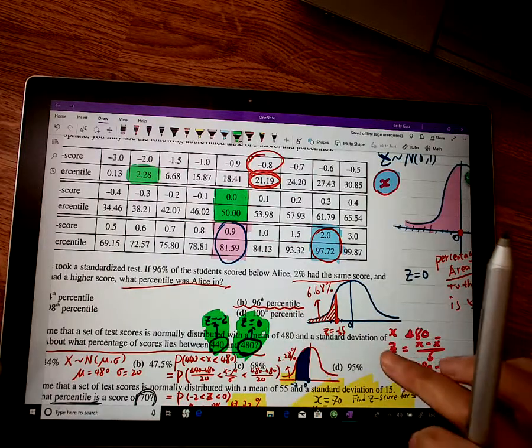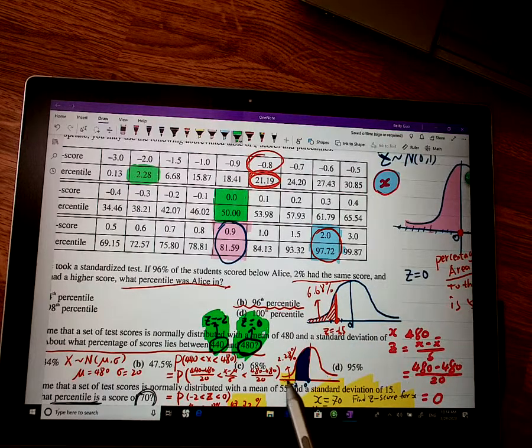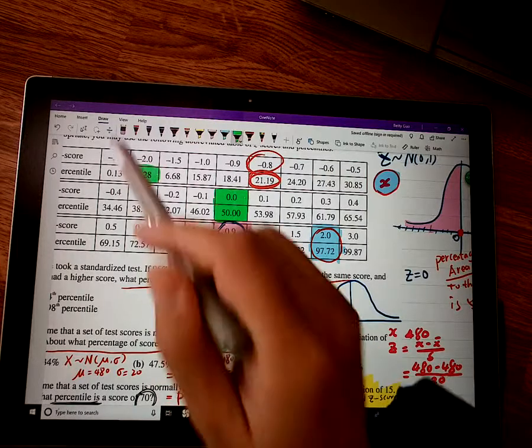You can actually pause the video and zoom in. So the shaded yellow region is 2.28%. Because the Z-score of 440 is -2, the corresponding percentile is 2.28, which means 2.28% of values are below 440.